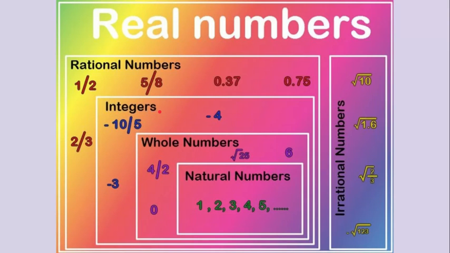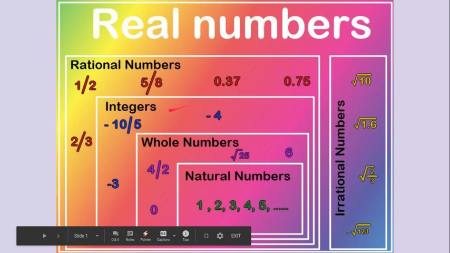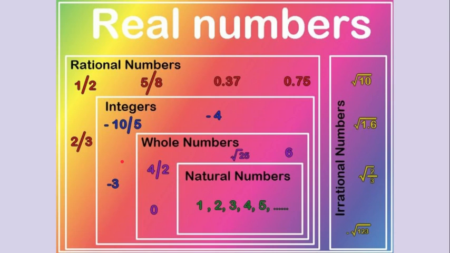So this is all of your numbers, 0, 1, 2, 3, 4, 5, going forward, and their negatives: -1, -2, -3, -4, -5, etc. Notice within the rectangle labeled integers, I've included some of your whole and natural numbers with negative signs in front of them, because they are all of your whole numbers and their opposites, meaning the negative versions.